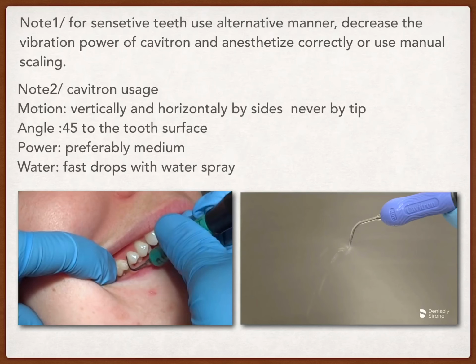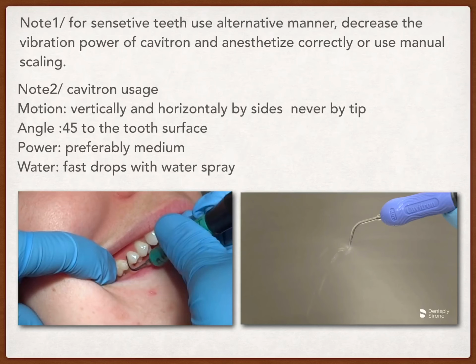Note number 2 is how to use the Cavitron. First of all, I want you to know that the motion of the Cavitron tip is by putting it vertically, as you can see here in the lower left picture, and moving it backward and forward on the patient's tooth, or horizontally and moving it upwards and downwards on the patient's tooth.